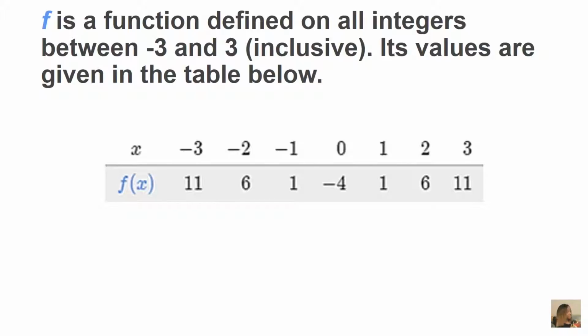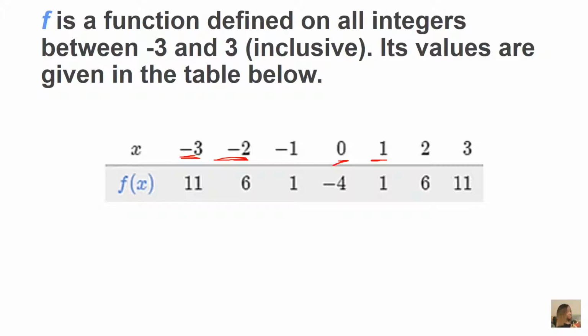F is a function defined on all integers between -3 and 3. So -3 and 3 inclusive. In case you forgot what integer means, they just mean whole numbers, like these represented in the table. And that includes 0.